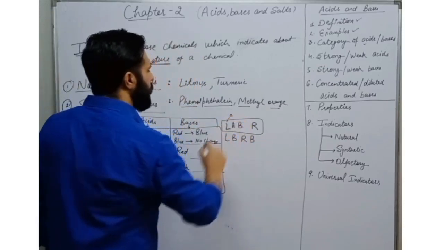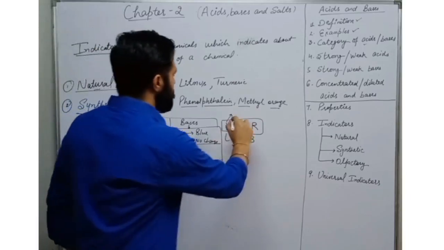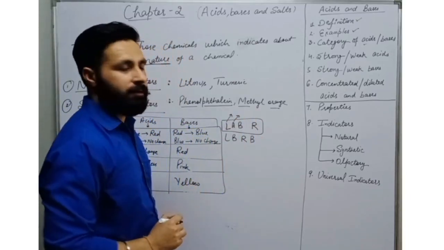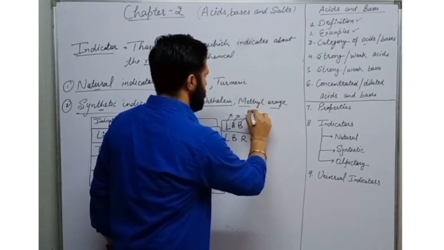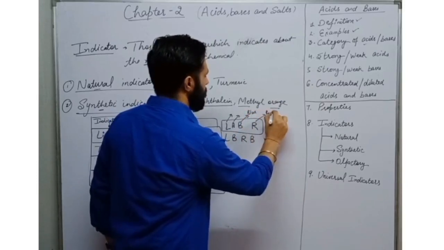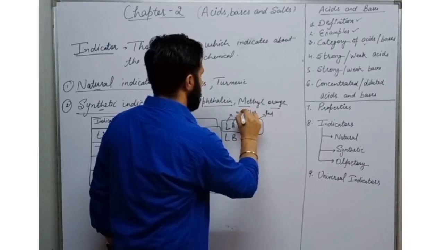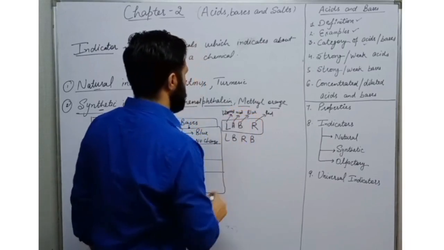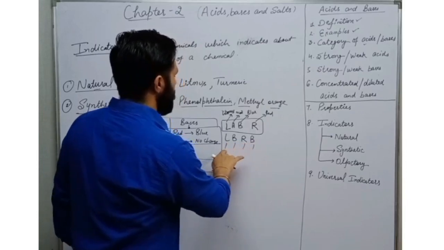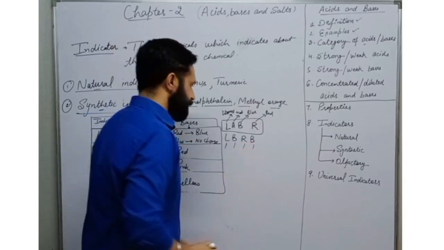The first word stands for litmus paper, the second stands for acid, and this stands for color: blue, red, acid, litmus. Same way here: litmus, base, red, blue.